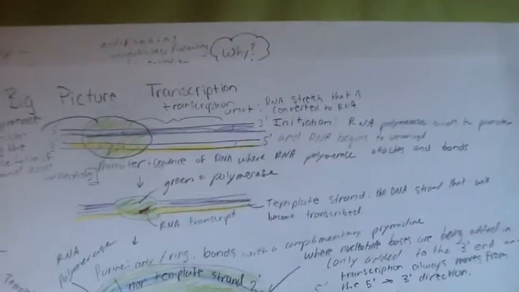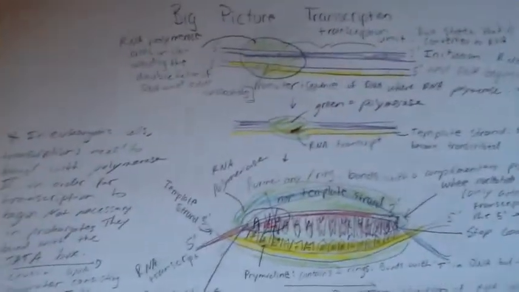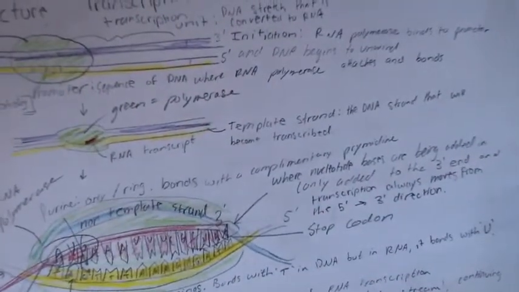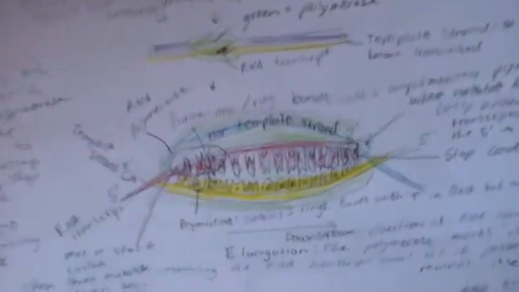And initiation is pretty much that bonding together, and the DNA helix, this is actually a helix right here, is unwinding as it goes through, and nucleotides are being added. So this is where they start getting added right here with the RNA transcript. And the template strand is the DNA that is about to be transcribed into mRNA.